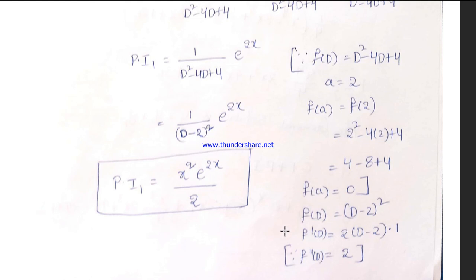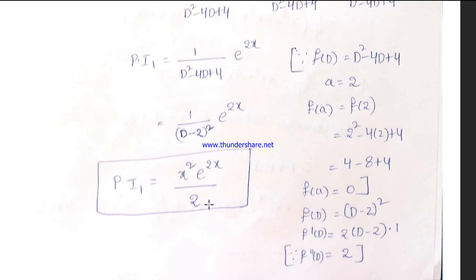So differentiation of d minus 2 whole square: first differentiation is 2 into d minus 2 into 1, because it is in the form of x square. So x square derivative is 2x, so 2 into d minus 2, and d minus 2 derivative is 1. So that is the first order derivative. Second order derivative is 2 into the derivative of d minus 2, which is 1. So 2 into 1 value is 2. So particular integral is equal to x square e power 2x by 2.